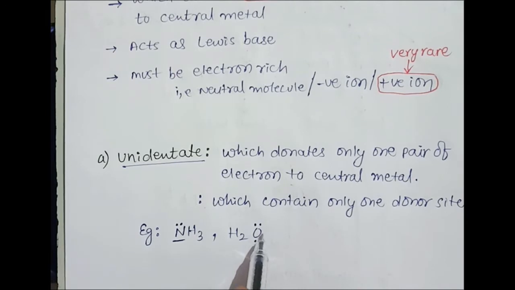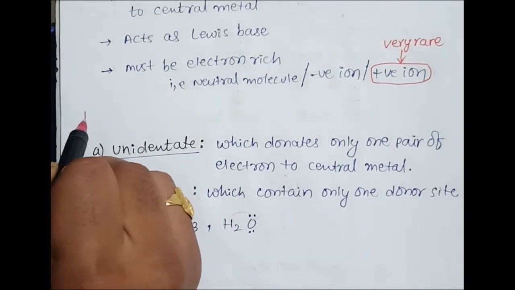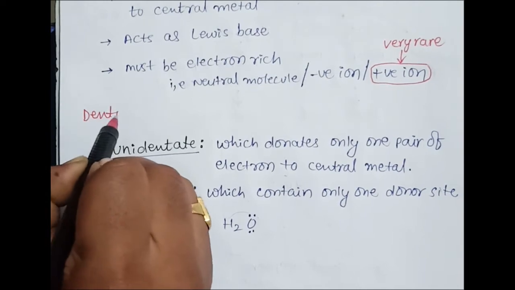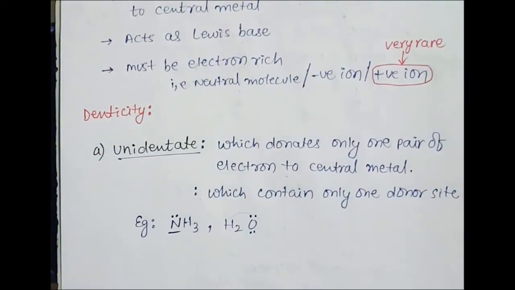That means ultimately water can donate only one pair of electrons, therefore water is called a unidentate ligand. This is called denticity. Many times CBSE has asked the question, what do you mean by denticity? Denticity means the number of electron pairs that it can donate.